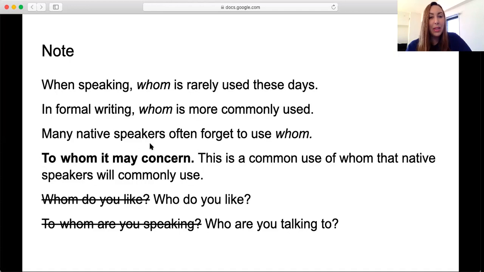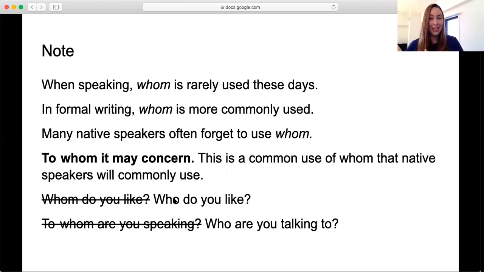So this expression, this phrase, to whom it may concern, to whom it may concern. This is a common use of whom that native speakers will commonly use. When native speakers write an email or a letter, to whom it may concern has become just a kind of greeting, an expression that everyone uses, everyone knows.